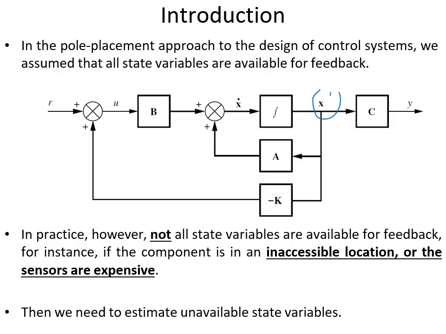In practice, not all the system states or state variables are available for feedback. Some of these states cannot be measured, maybe in an inaccessible location, or sensors are expensive to measure these states. Then we need to estimate the unavailable state variables.